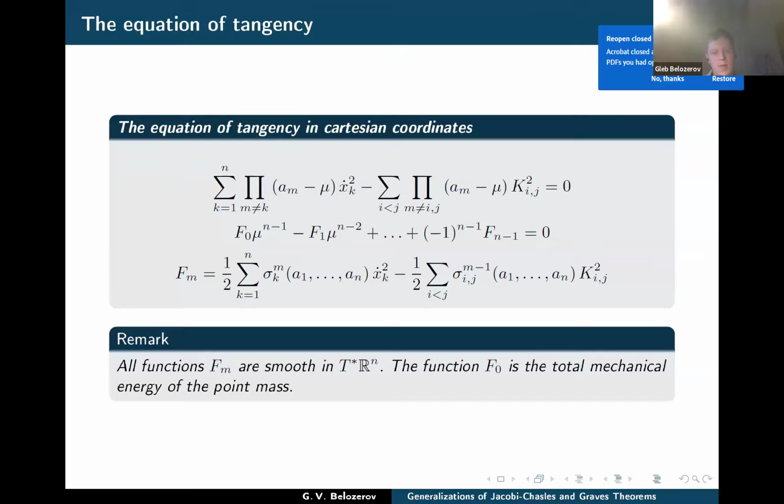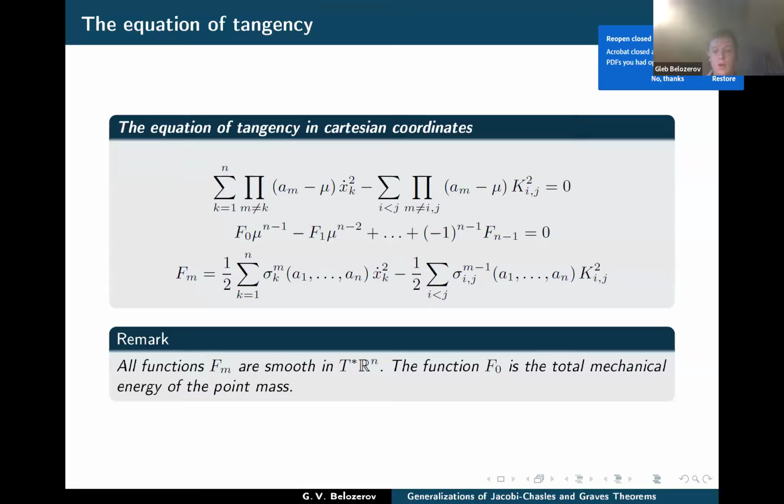Sigma mk is an elementary symmetric polynomial of the variables a1, ..., ak minus 1, ak plus 1, ..., an. All these functions are smooth on the cotangent bundle of Rn.